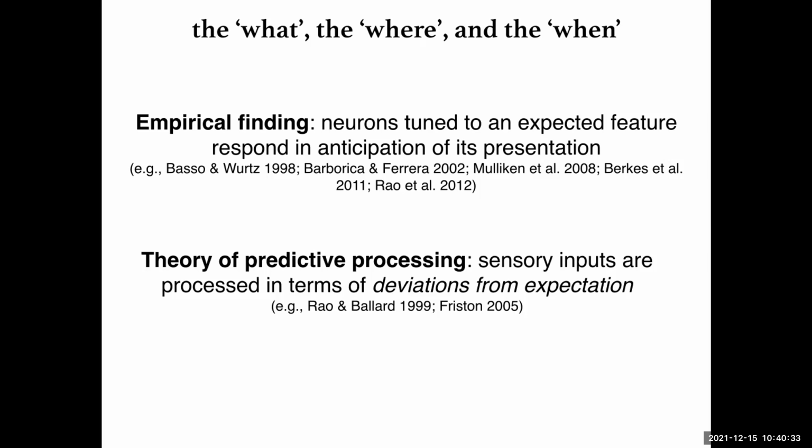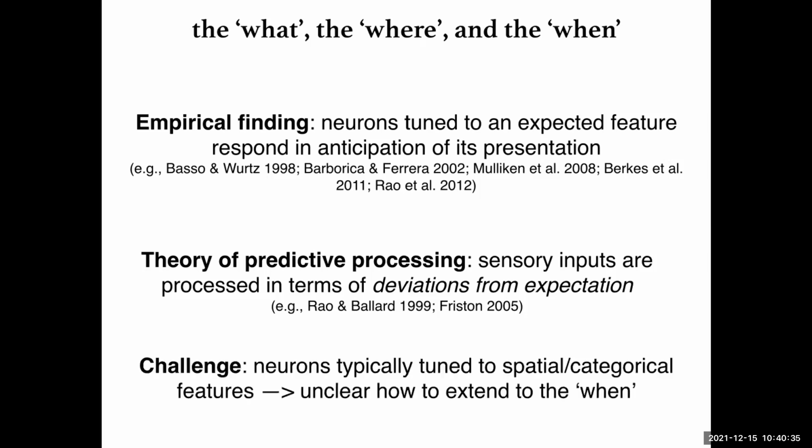The main challenge is that we know that neurons are typically tuned to spatial and categorical features. In other words, the what and the where questions are well understood. However, it's much less clear how to extend those ideas to temporal processing, that is to say, the when.